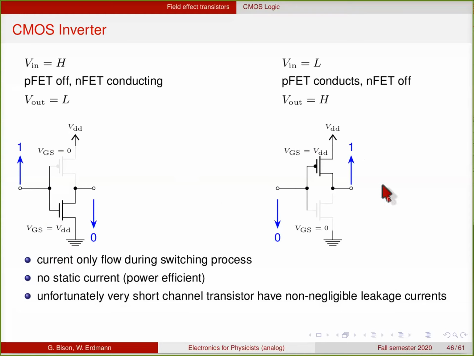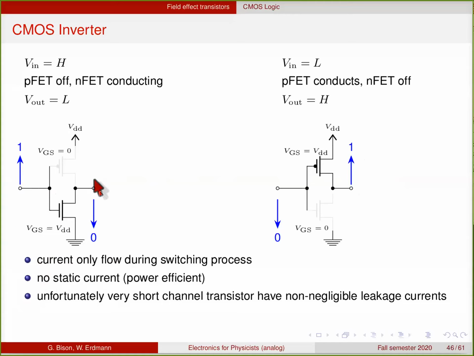In both situations, there's no static current. So this is a very power efficient technology. The only current flow happens during the switch over. So in the transition from 0 to 1, you will have a current that flows. And in the static case, when you just hold a logic state, there's no static current.